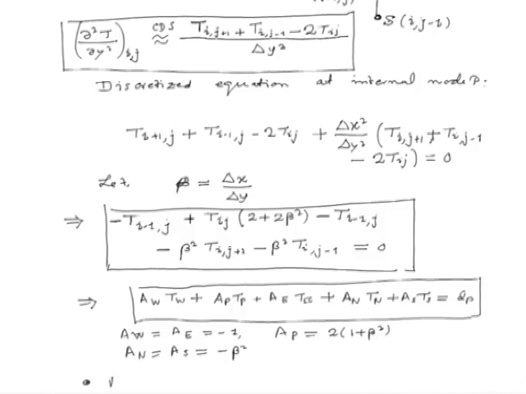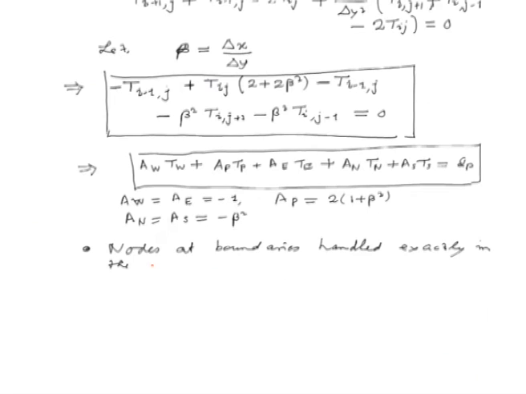So, nodes at boundaries are handled exactly in the same way as we did for the 1D problem, to incorporate boundary conditions.